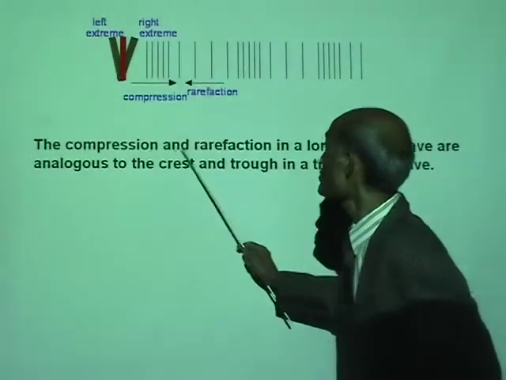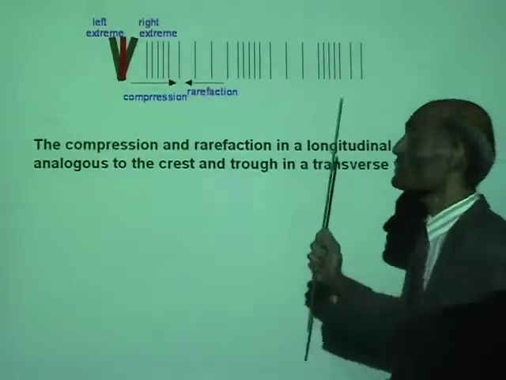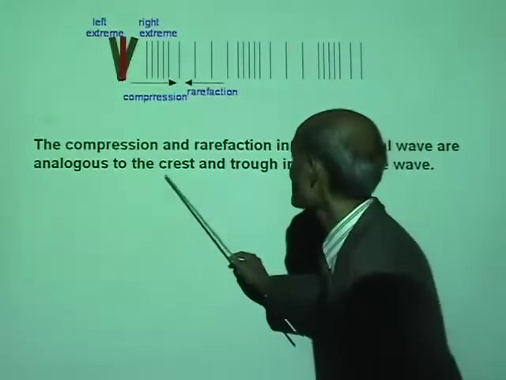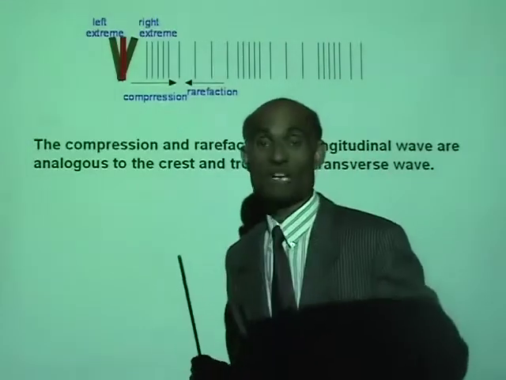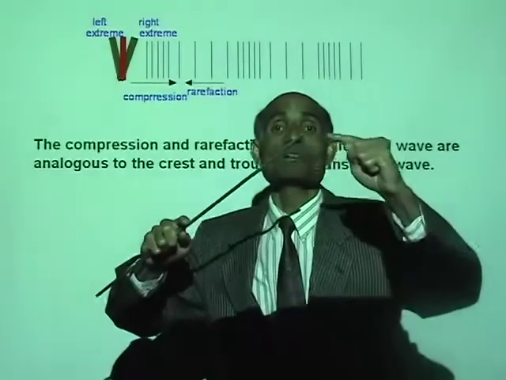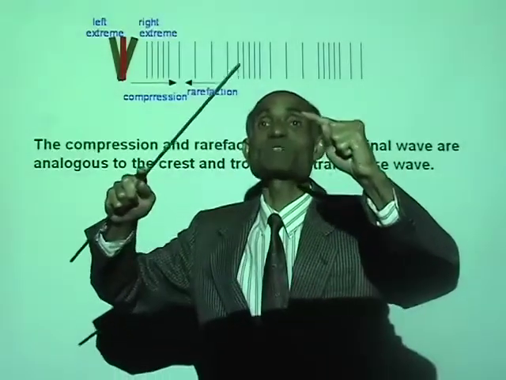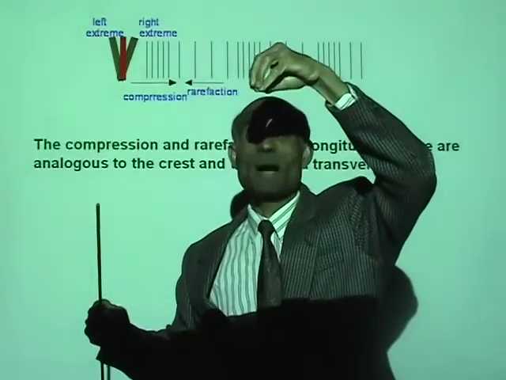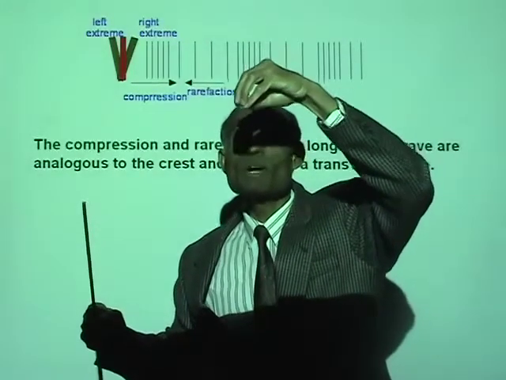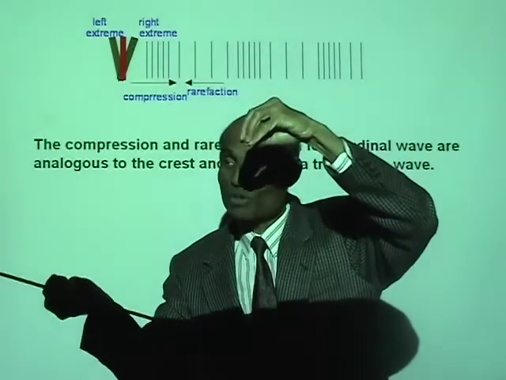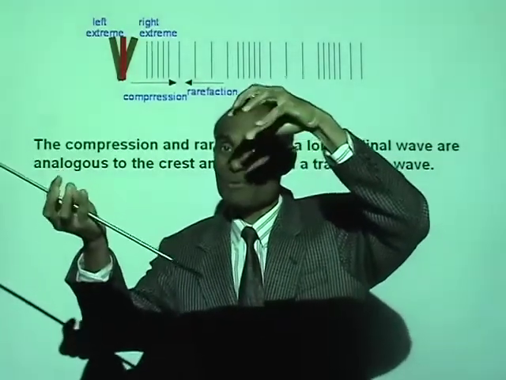The compressions and rarefactions in a longitudinal wave are analogous to the crest and trough of a transverse wave. For a transverse wave, the particle positions are characterized by crest and trough. On a crest, the particle has reached the maximum and is beginning to move down. On a trough, the particle is beginning to move up. Is that right?